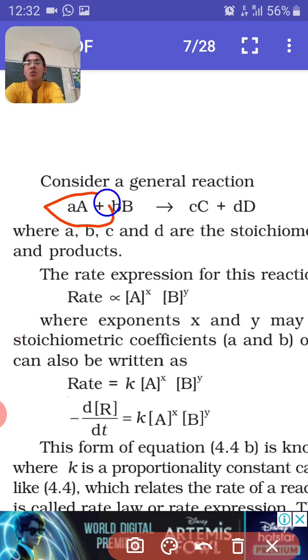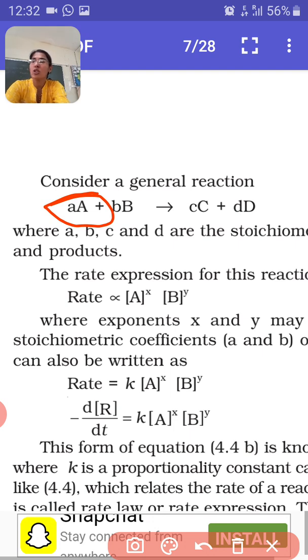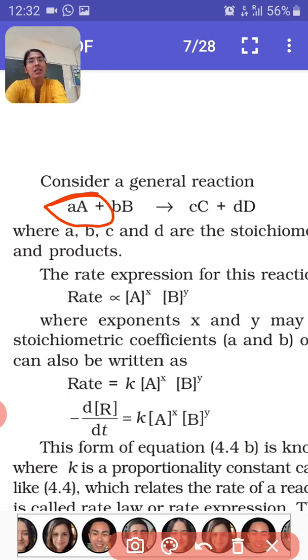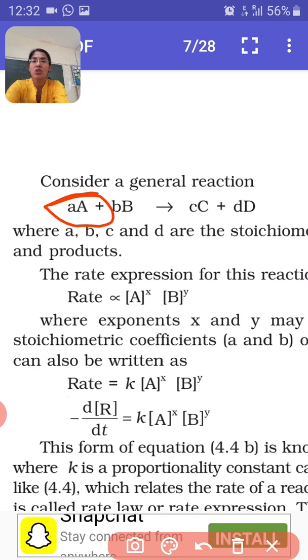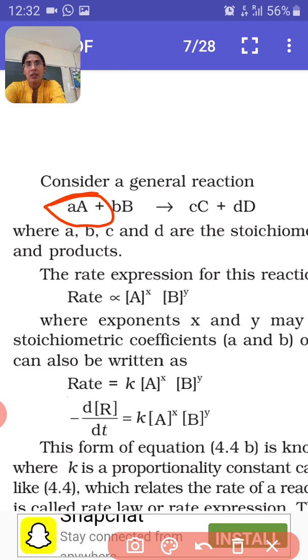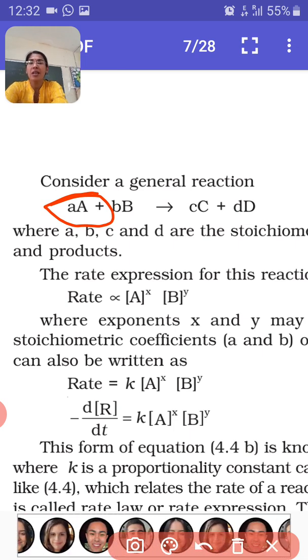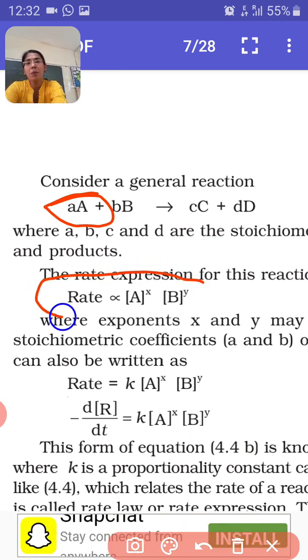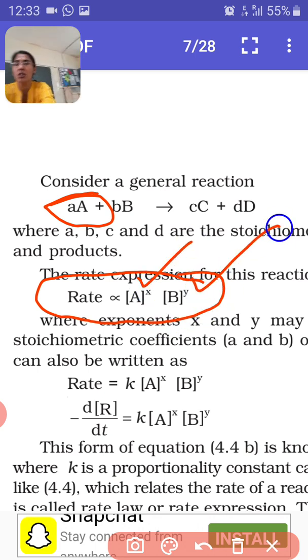Here the small letters represent the stoichiometric coefficients, whereas the capital letters represent the reacting species and the product species. Now, the rate of this reaction can be given as that the rate will be proportional to the concentration of A reactant and concentration of B reactant when they are raised to some powers x and y. So, from where to get the value of these x and y, we shall study just now.